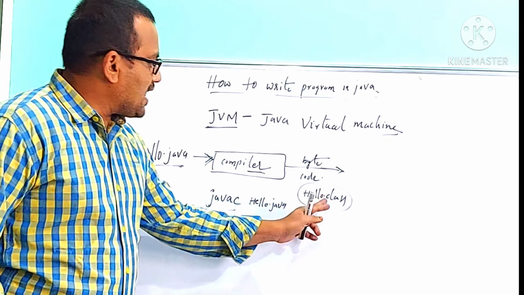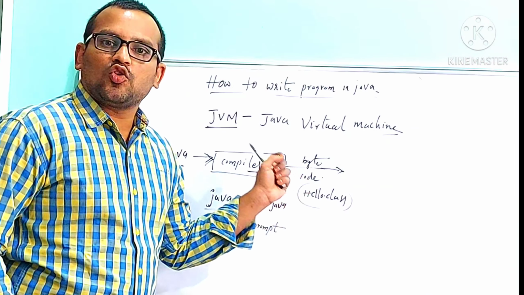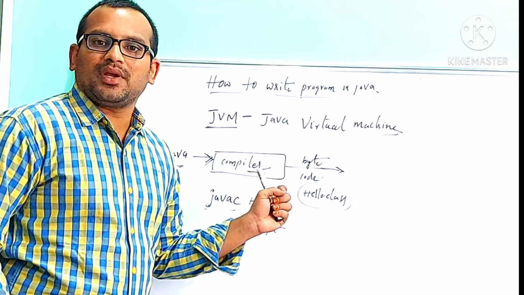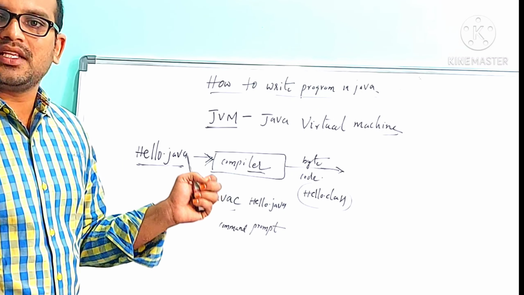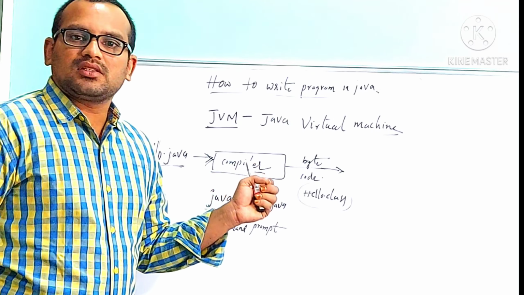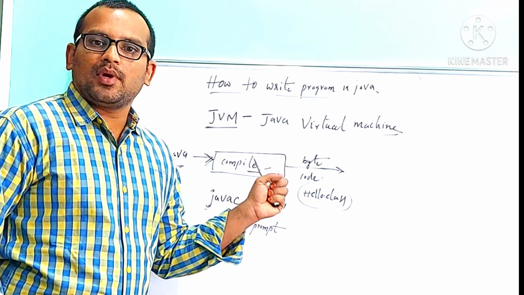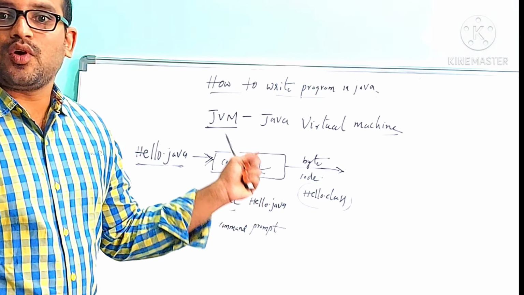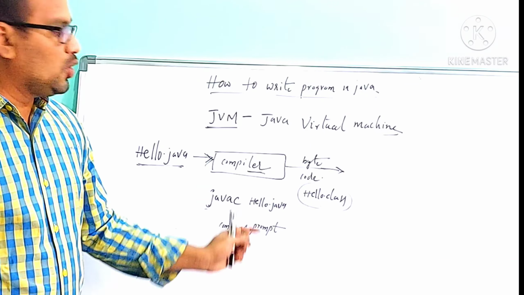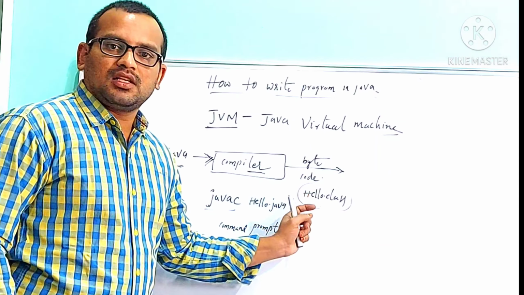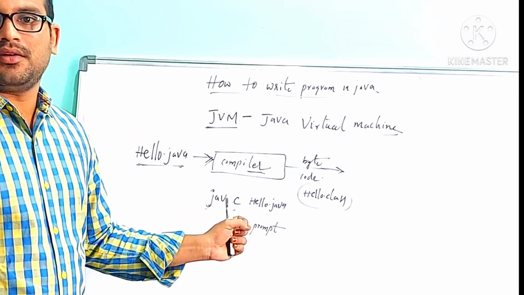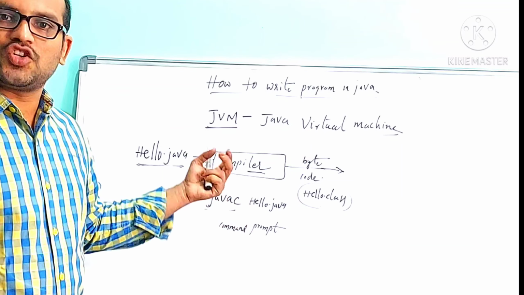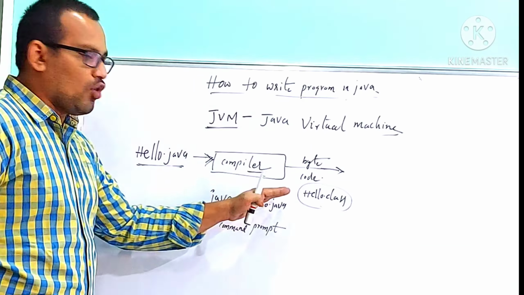This class file contains bytecode, which contains some intermediary symbols, and those symbols are only understandable by the Java Virtual Machine. Now, the first step is over.